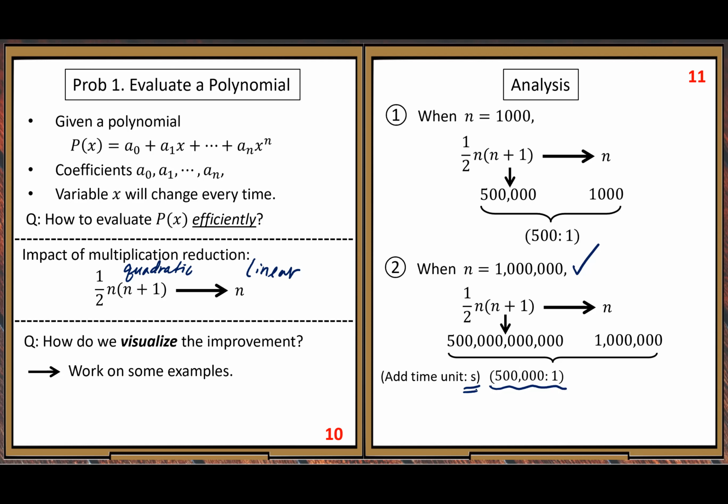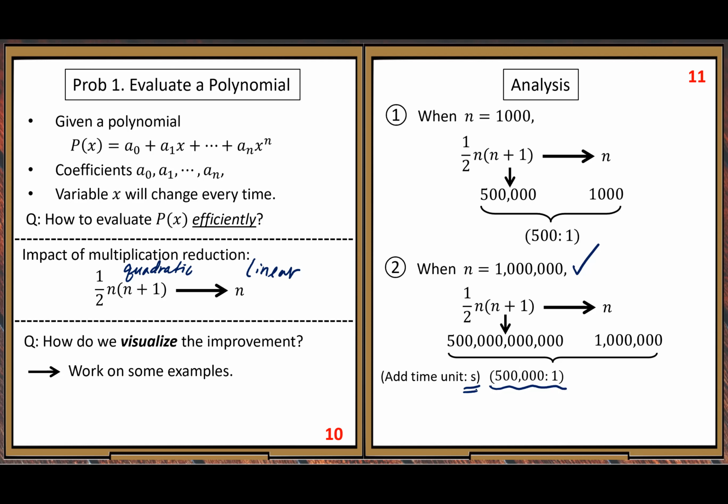That means when we use our computer to do that evaluation, we need 1 second by Horner's rule to complete that 1 million degree polynomial evaluation. Then go back to the old way.